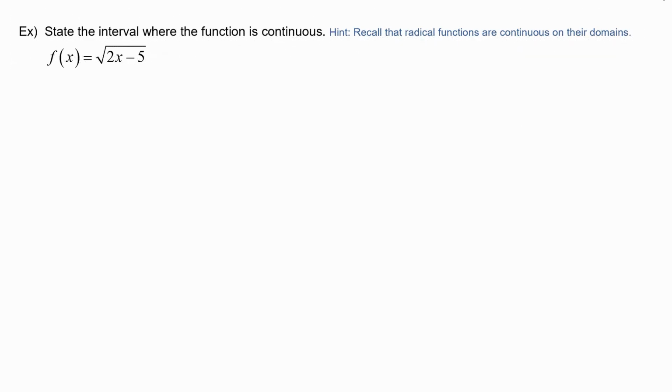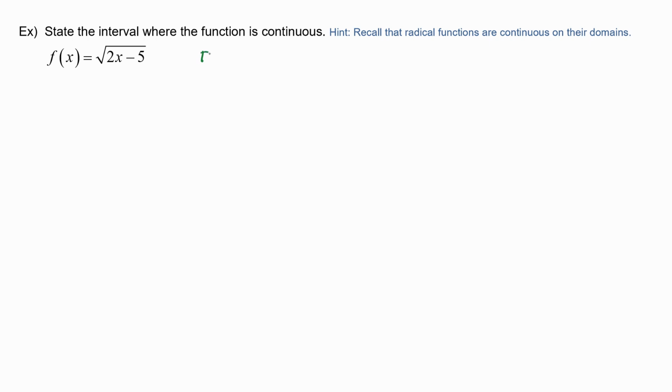In this example, state the interval where the function is continuous. As a hint, recall that radical functions are continuous on their domains. So given f of x is equal to the square root of 2x minus 5, we know that f will be continuous on the entire domain of this function.